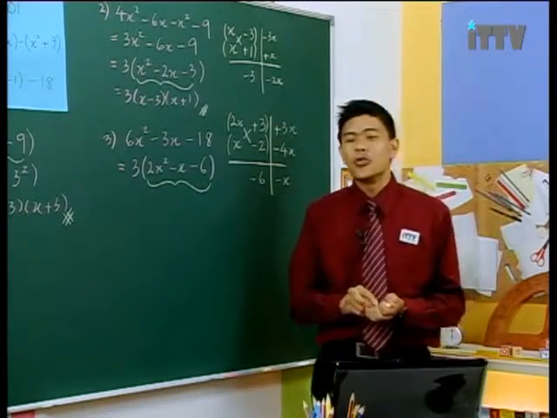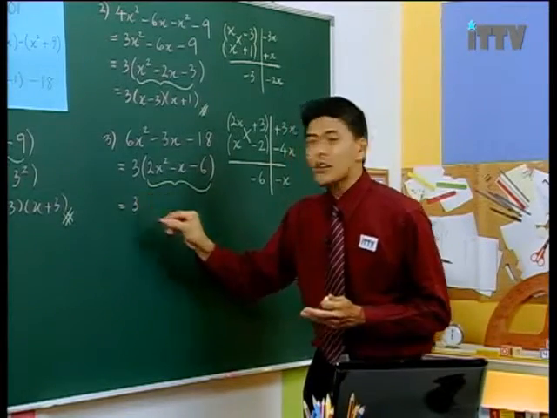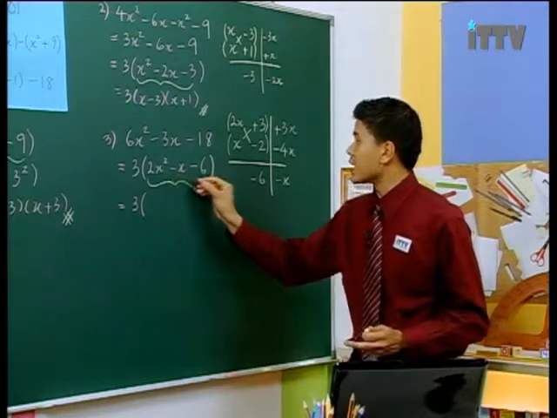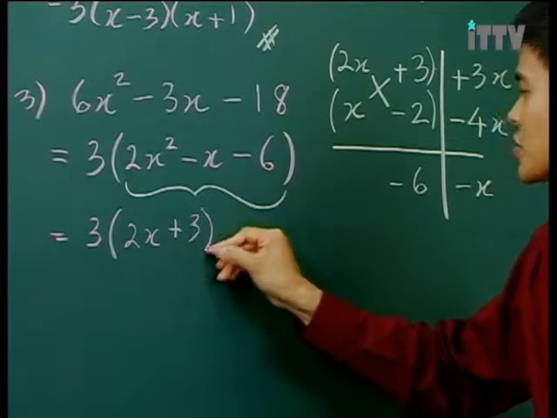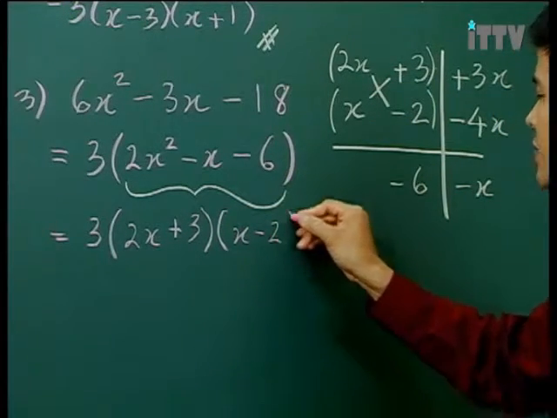So lastly, do not forget, rewrite all the factors of the quadratic expression. So 3 is outside, and this can be factorized to 2x plus 3 from here, and the second factor x minus 2.